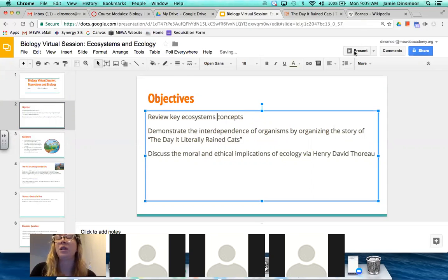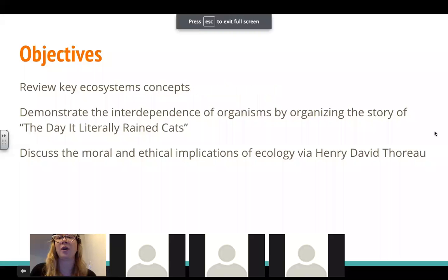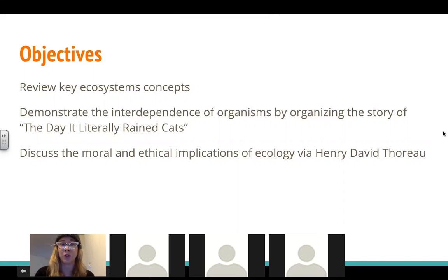Again, if you need a source for vocabulary or you're having issues with the vocabulary, let me know because I can add tons of resources for that. So we're going to demonstrate the interdependence of organisms by organizing the story of the day it literally rained cats. And we're going to discuss the moral and ethical implications of ecology via the Henry David Thoreau essay.